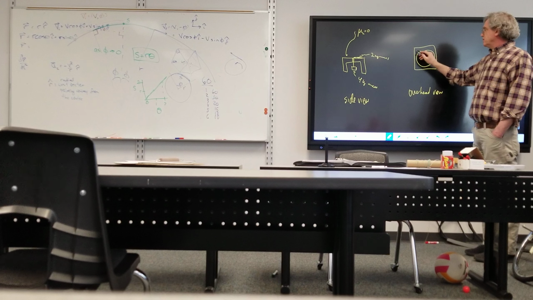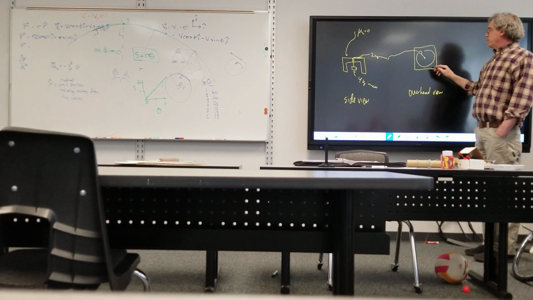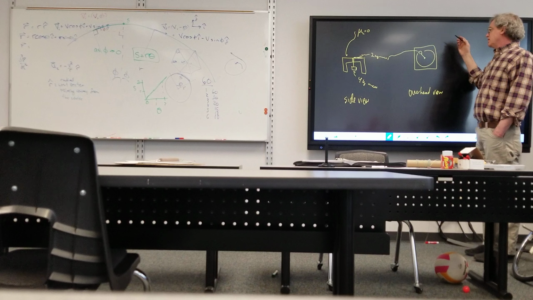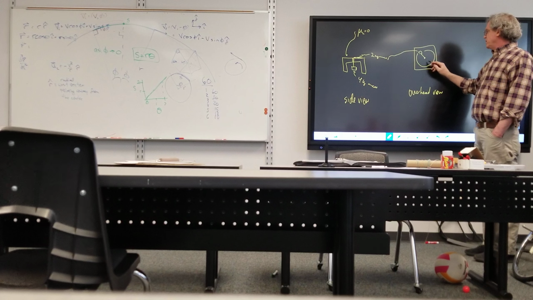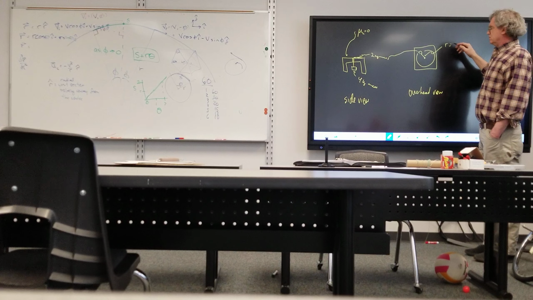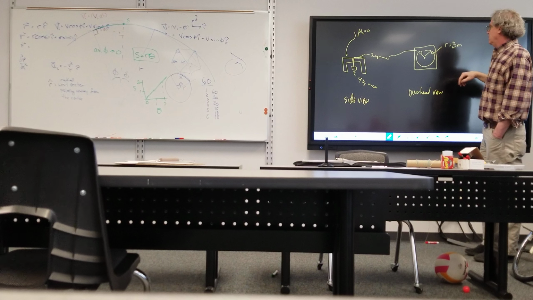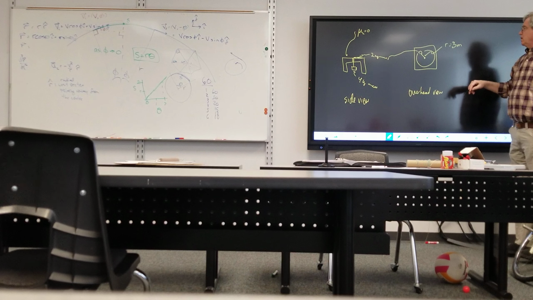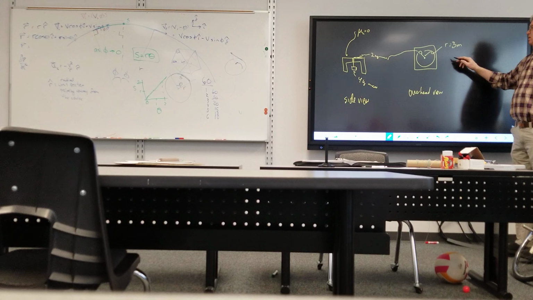The 2 kilogram mass is swinging around in a circle. I need to give some information here. So we'll have a radius of 3 meters, make it really big. Actually, I don't need to tell you the time.